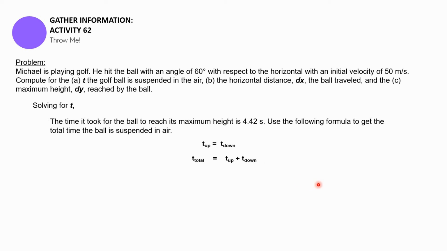And the total amount of time must be equal to the total time for the ball to go up and go down. So if it's 4.42 for the going up of the golf ball, and it's also 4.42 for the going down, what we have here is 8.84 seconds, which is almost 9 seconds. Total amount of time that the golf ball is suspended in the air. Ayun. So it's almost 9 seconds.